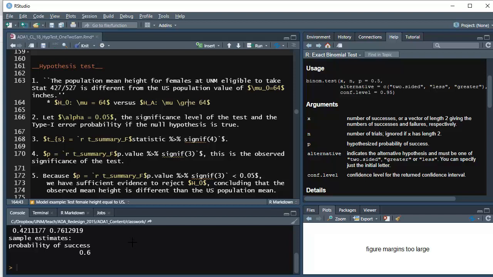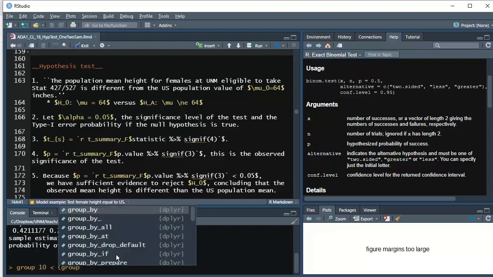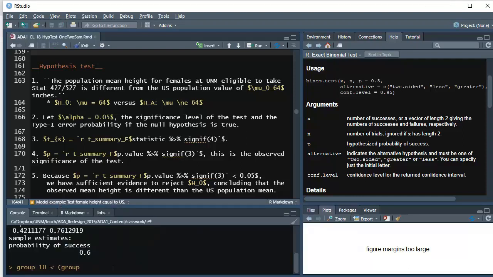Like, is the mean for group 10 less than the mean for group 65 minus 10? So you could have an offset. Anyway, I think I've said it enough times now.